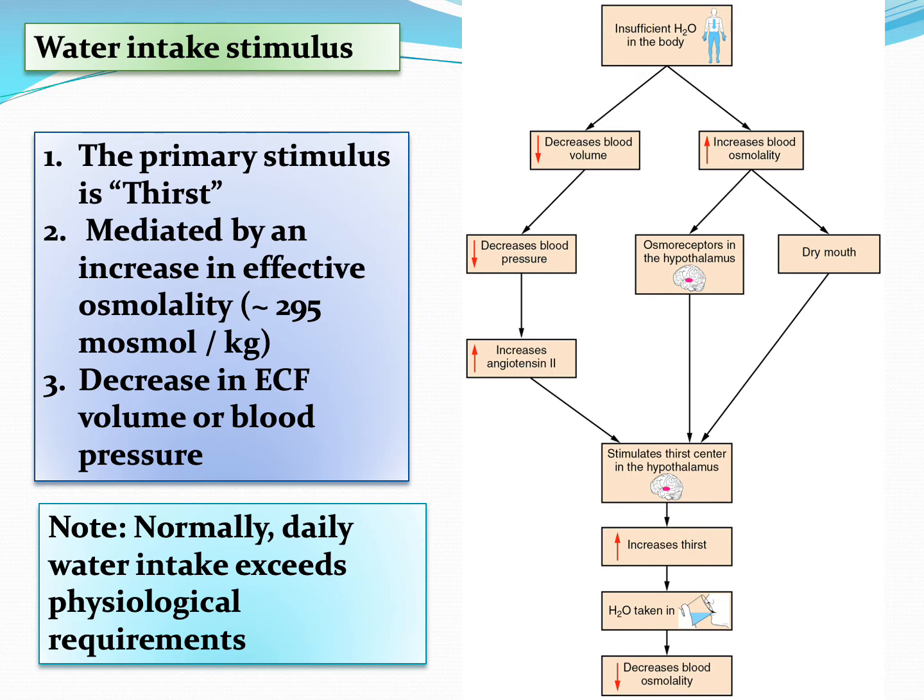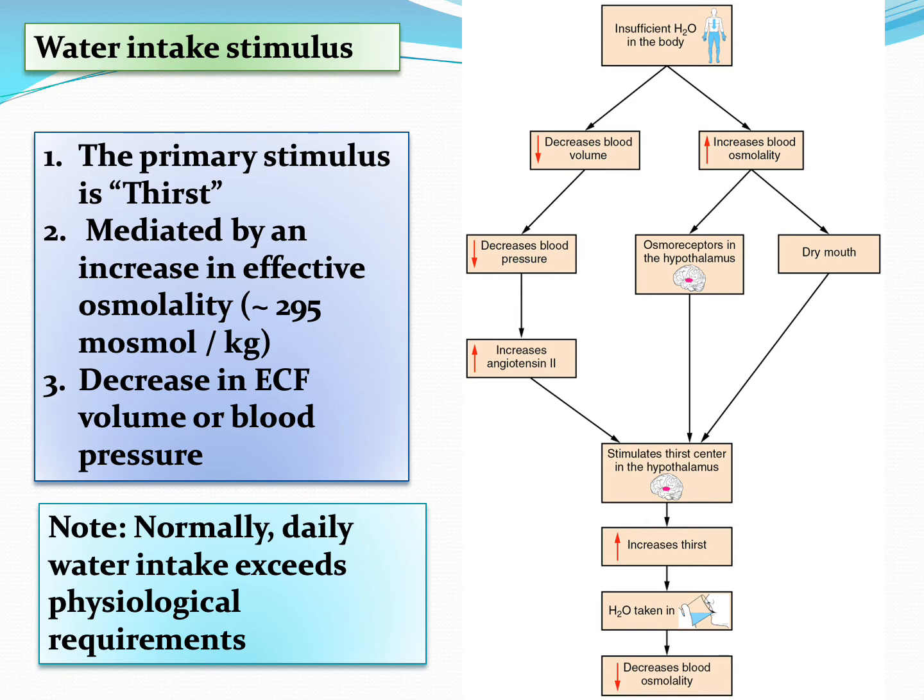The primary stimulus for water intake is thirst. This is mediated by the increase in blood osmolality, that is approximately 295 milliosmol per kilogram, or decrease in blood volume or pressure. Osmoreceptors in the hypothalamus will sense this change and stimulate the thirst centers in the hypothalamus, leading to thirst and water intake, and finally decrease in blood osmolality.